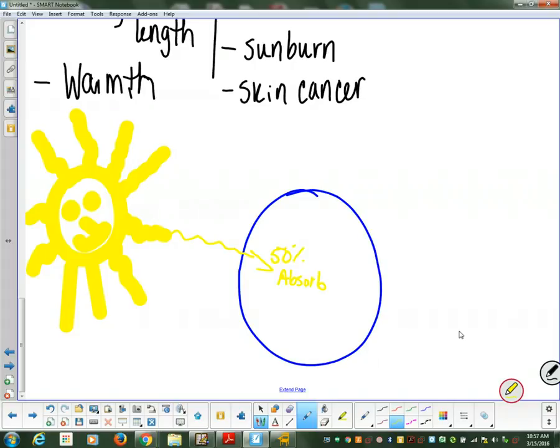Okay, that means that into our oceans, into our lakes, into our ground, our land, all of that stuff is going 50% of it.